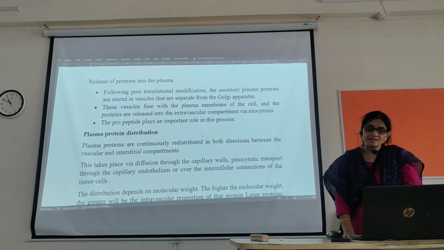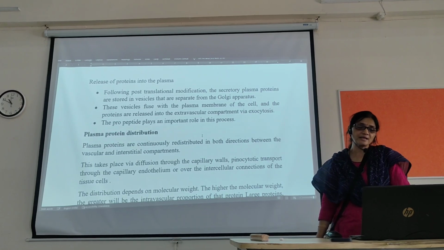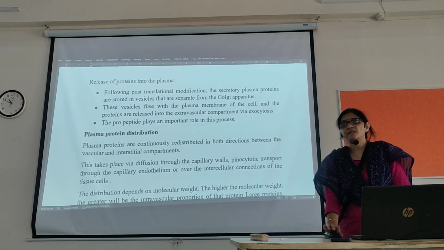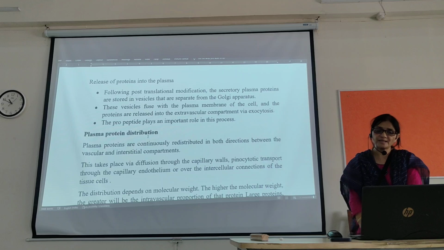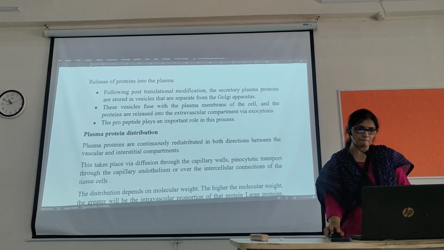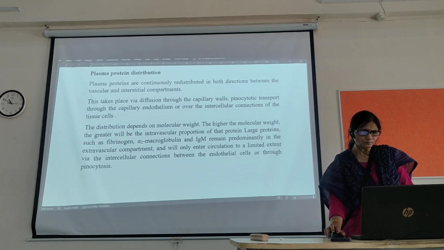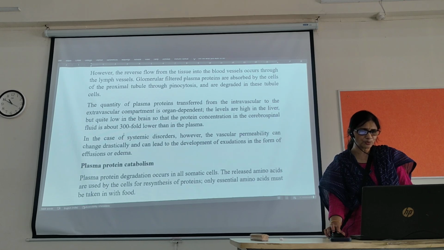So these vesicles fuse with the plasma membrane of the cell and the proteins are released into the extravascular compartment via exocytosis. Okay. So the propeptide plays an important role in this process. So here is the protein synthesis. Then protein distribution, how it gets distributed.